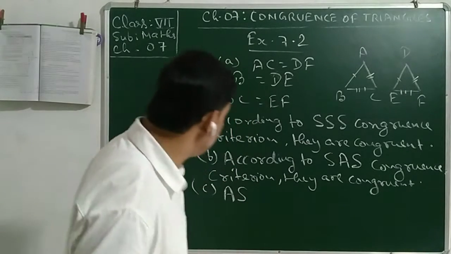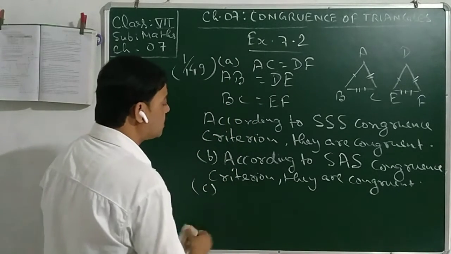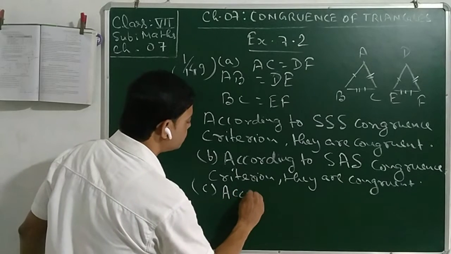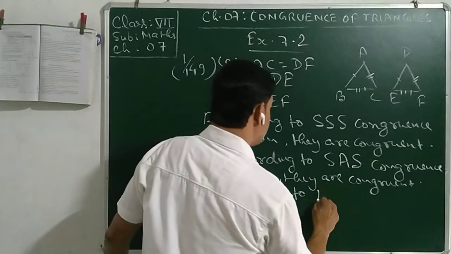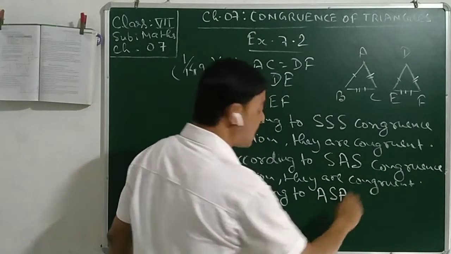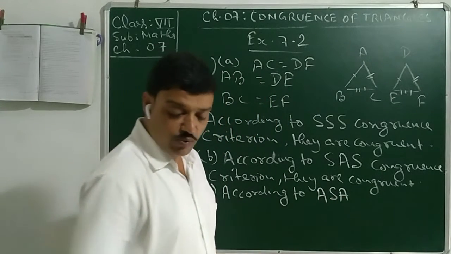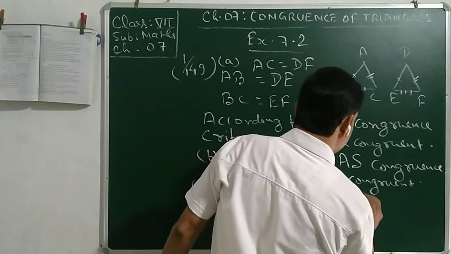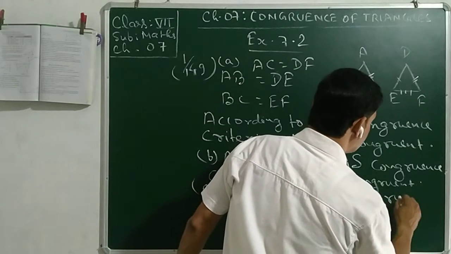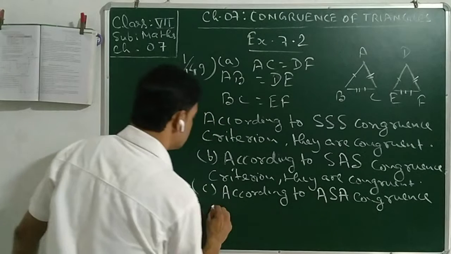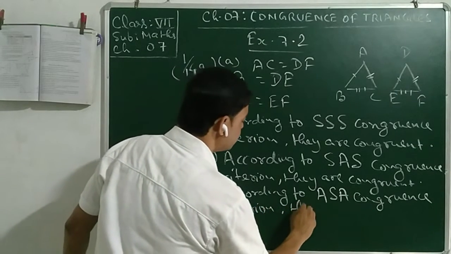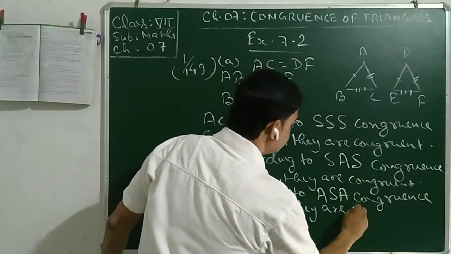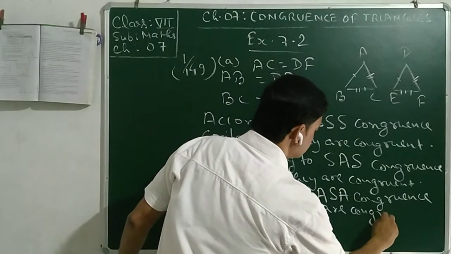The language will be as I have been writing in all the sums, according to ASA, angle, side, angle, two angles and one side, congruence criterion. They are congruent.